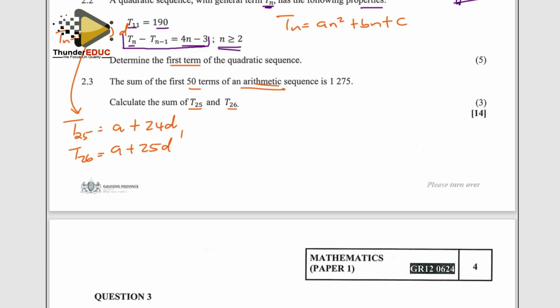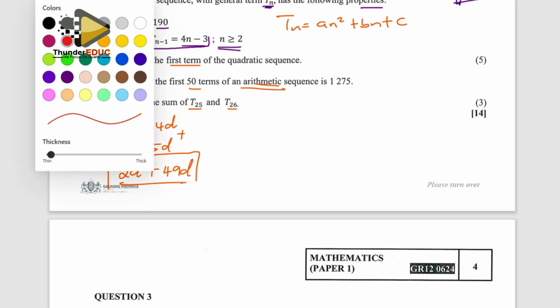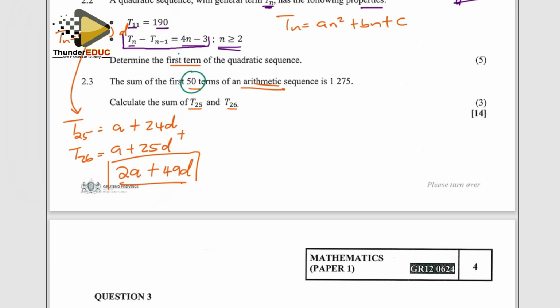If I add these two, I'll have 2a plus 49d. I'll just keep this aside. Then if I go back into the general formula for the sum of an arithmetic sequence, it's n over 2 into 2a plus n minus 1 into d.